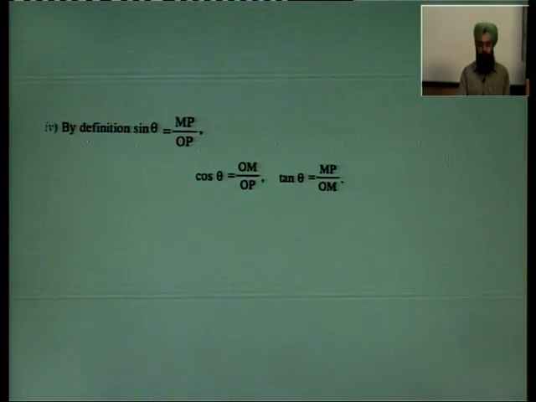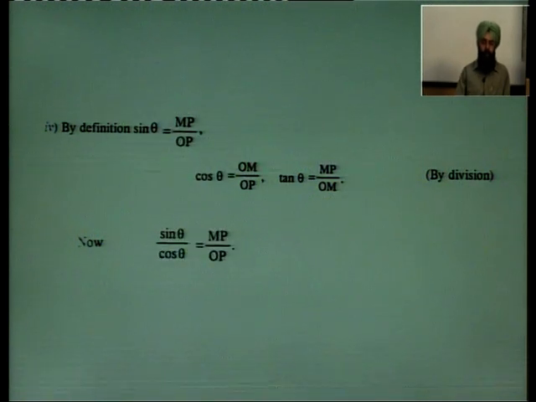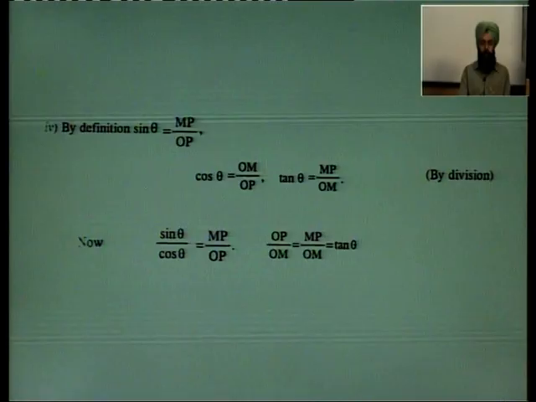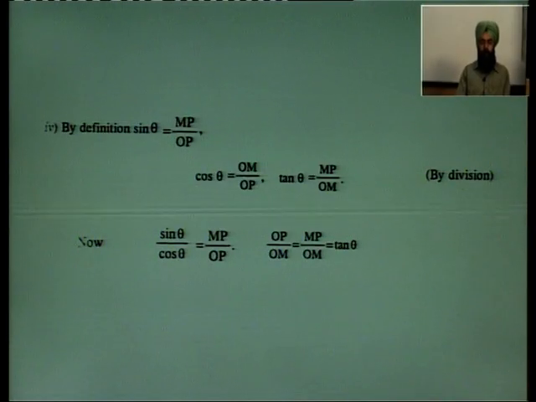We know that sin theta is MP by OP, cos theta is OM by OP, and tan theta is MP by OM. Therefore, on dividing sin theta by cos theta, it will be equal to MP by OP into OP by OM, because cos theta is OM by OP.